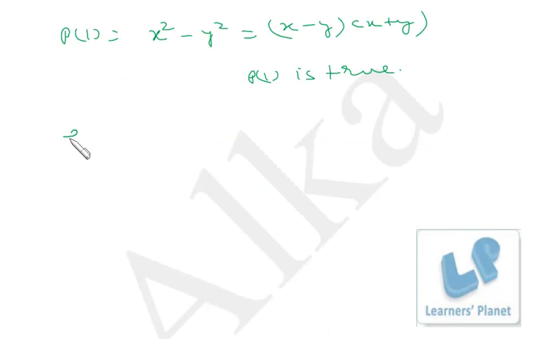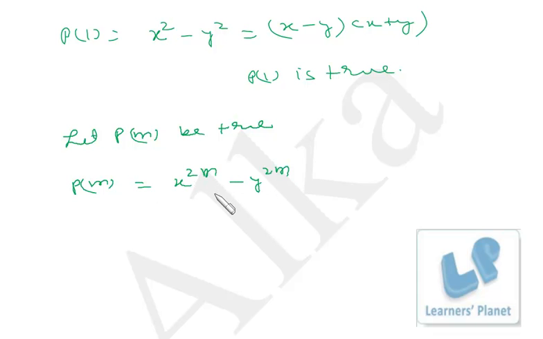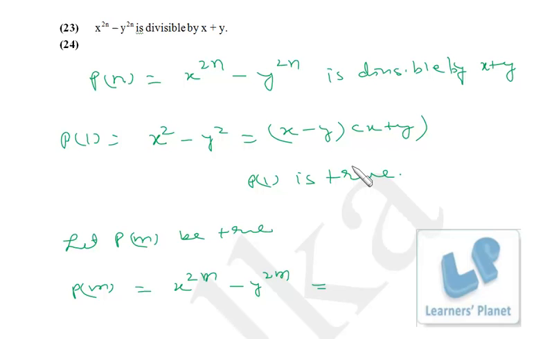Now next, once again, let Pm be true. So Pm is x raised to 2m minus y raised to 2m, right? And x raised to 2m minus y raised to 2m is divisible by x plus y.